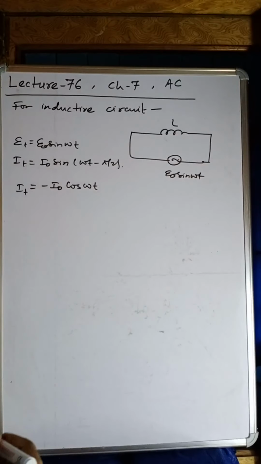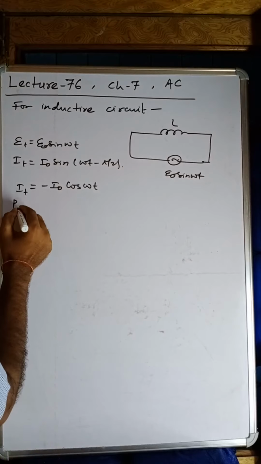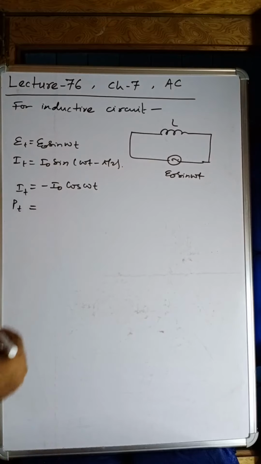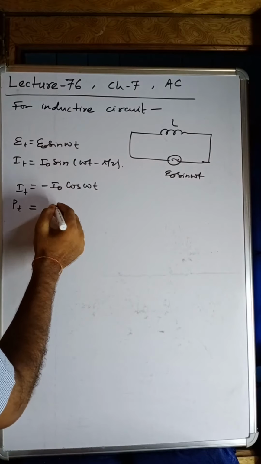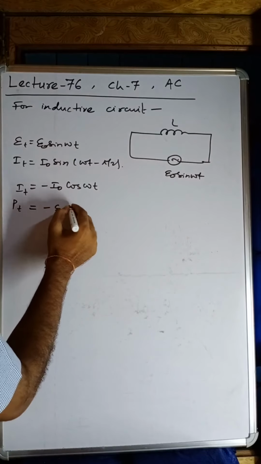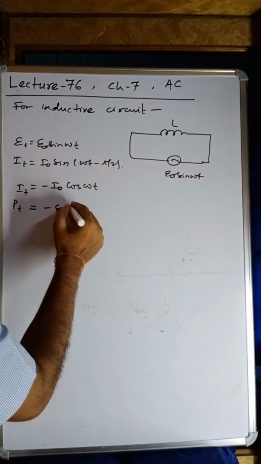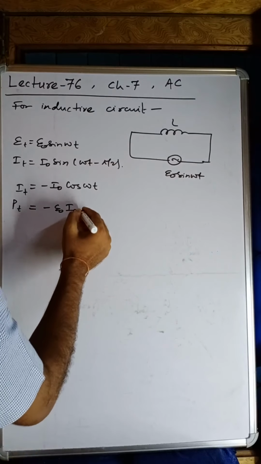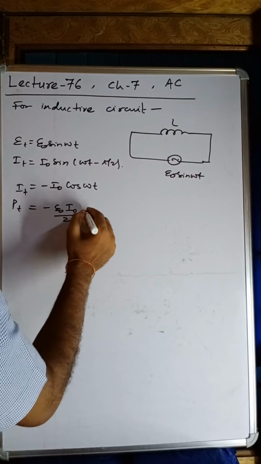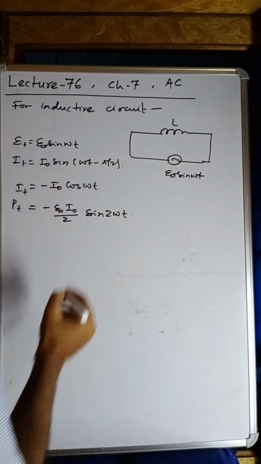Power we got, the instantaneous value P(t), as the product of these two: minus E naught I naught divided by 2, you can write sin 2 omega t.